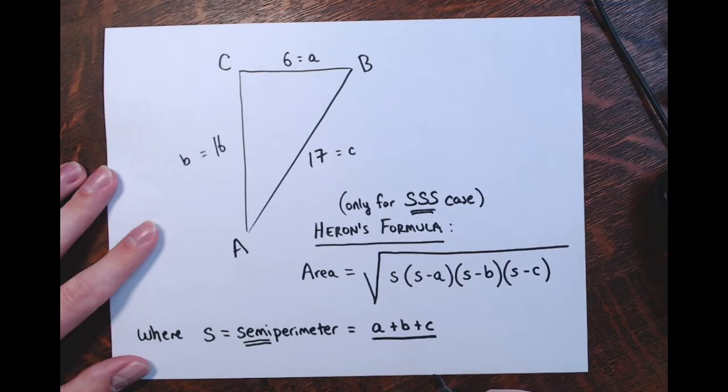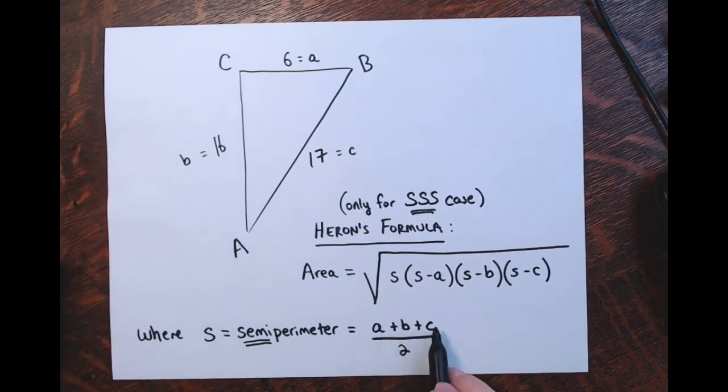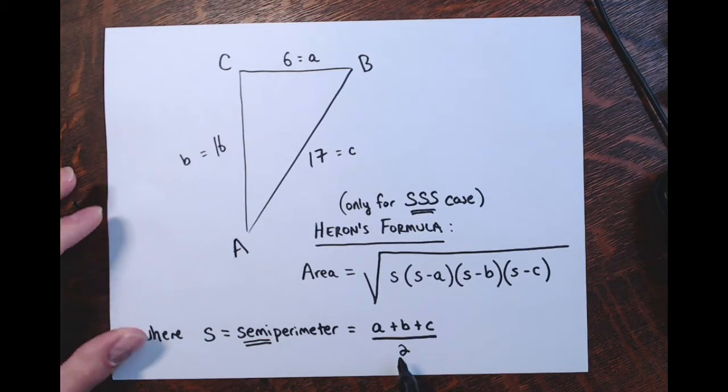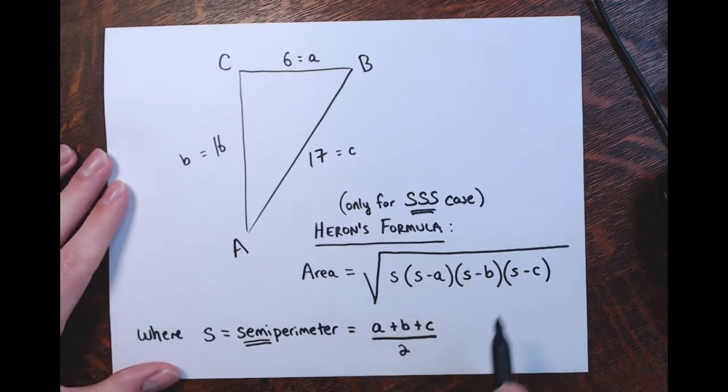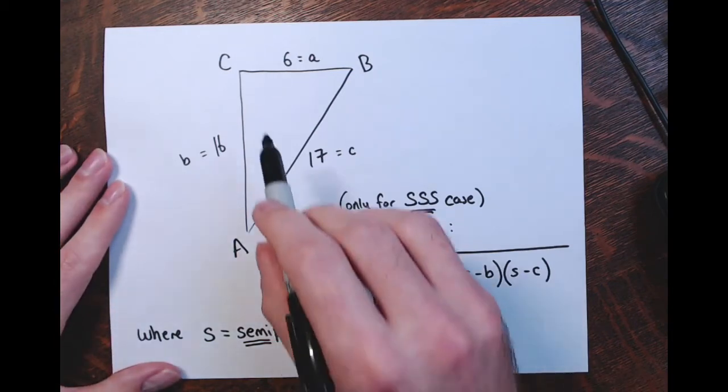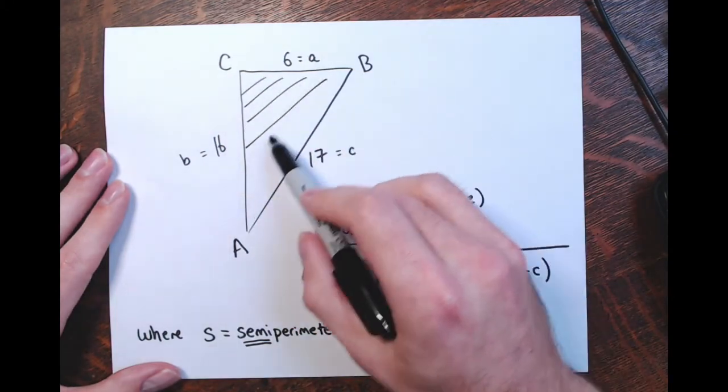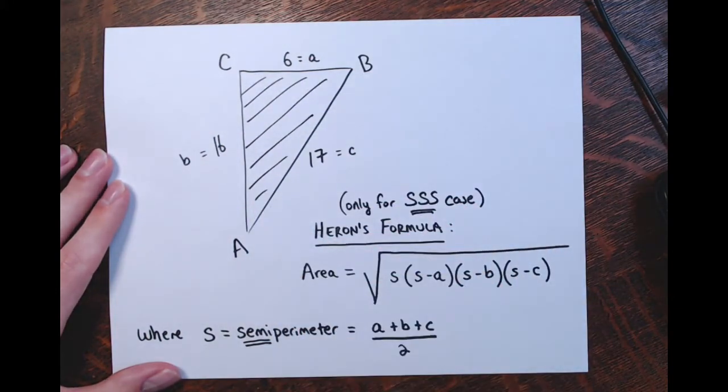Like how a semicircle is half a circle. So take the perimeter, divide it by 2, and that's this S in this crazy formula. And the area of the triangle, the amount of space taken up inside, is the square root of this S times the quantity S minus A times the quantity S minus B times the quantity S minus C.